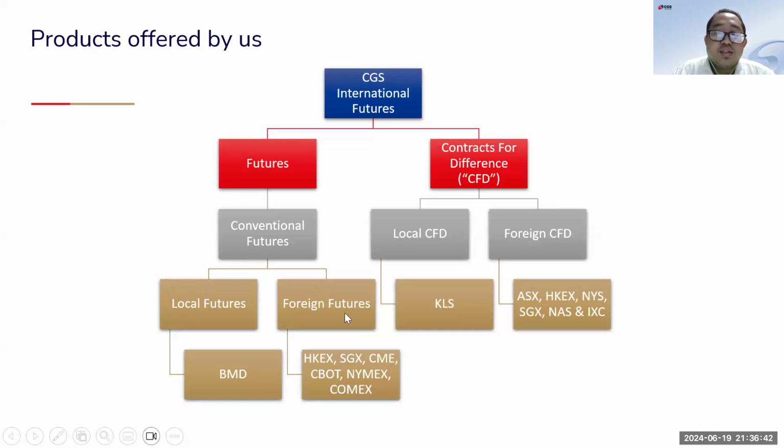For the foreign futures, currently we offer 6 exchanges. 3 are from the US, CBOT, NYMEX and COMEX, and the other 3 are Hong Kong Exchange and Singapore Exchange. For the CFD, we also have the local CFD for the stock market, which is from Bursa itself. And for the foreign CFD, currently we offer 6 exchanges.